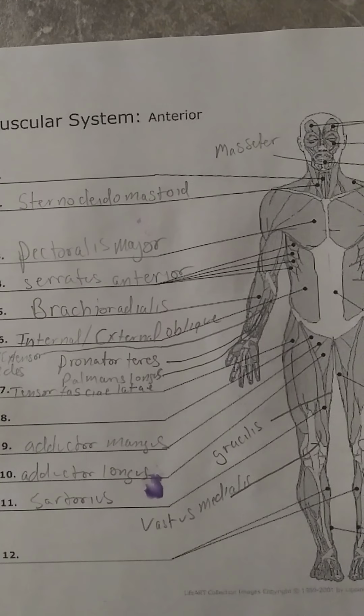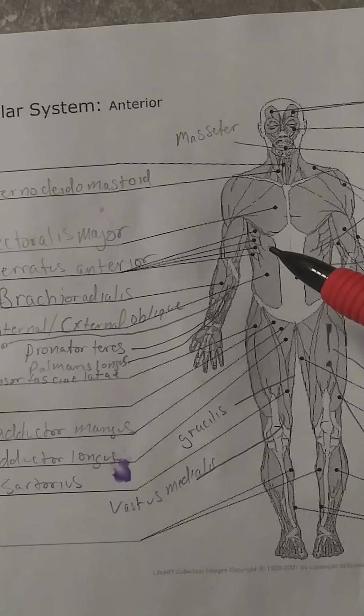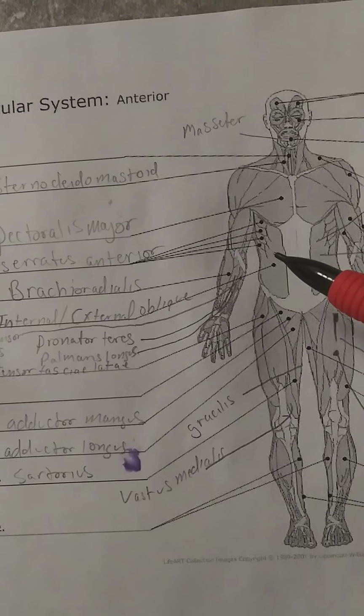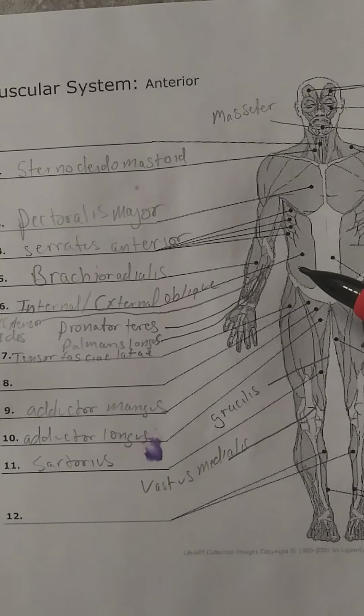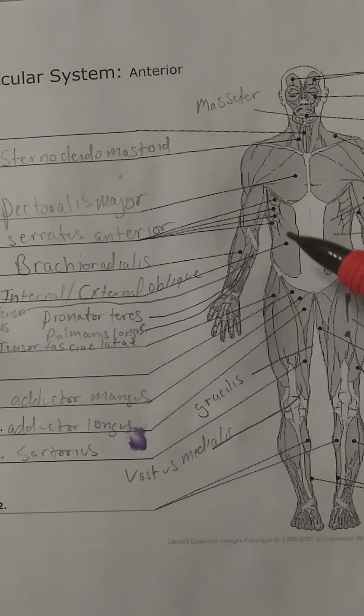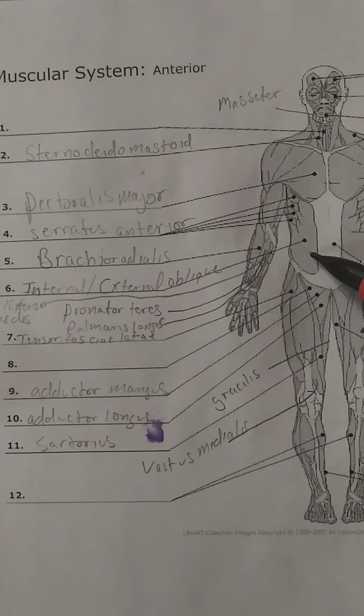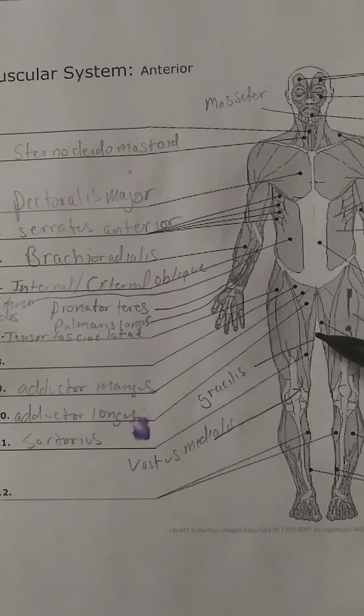And the serratus anterior pretty much will be the small muscles right there. And the external oblique is this portion here. And the internal oblique will be the inside of the oblique area there.